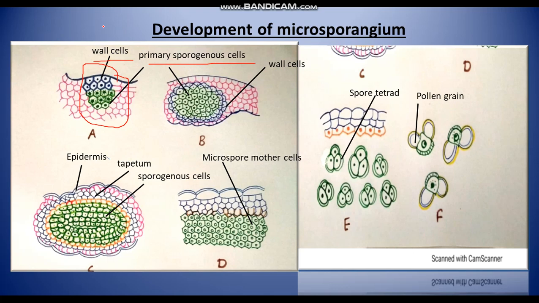In the starting, some cells of the microsporophyll become enlarged and superficial, and these divide into two types of cells. One is wall cells and the other one is primary sporogenous cells. Wall cells will again divide anticlinally and periclinally and form a layer of wall cells, and next to the wall cells you can see primary sporogenous cells.